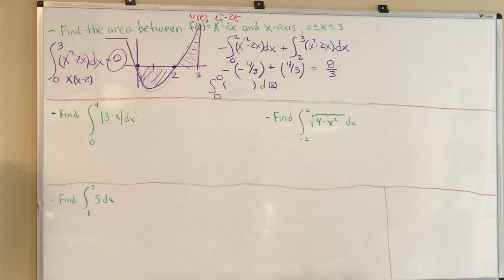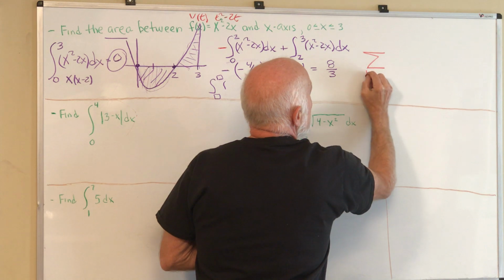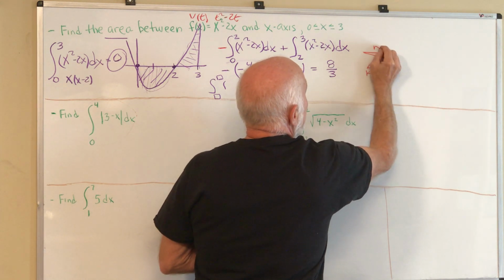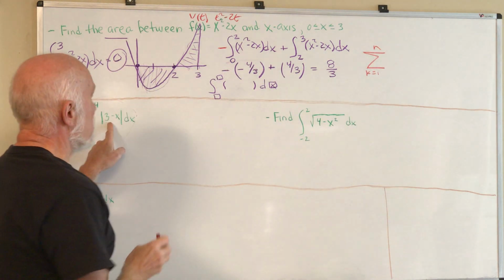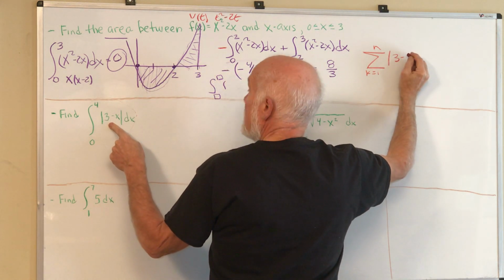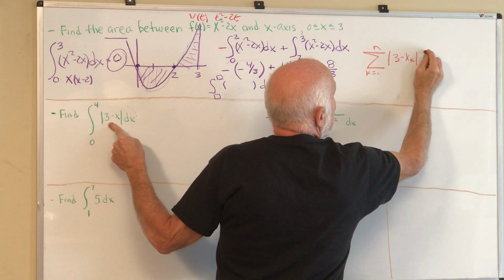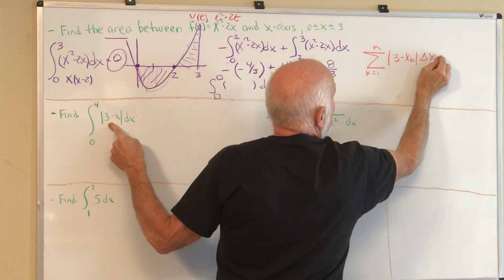Well, I think you can see doing that infinite Riemann sum where we have to get the summation from k equals 1 to n, and your f of x sub k would be 3 minus x sub k, and then your delta x sub k.